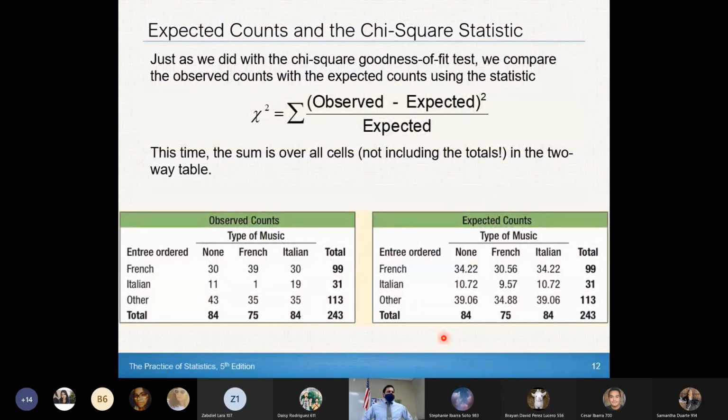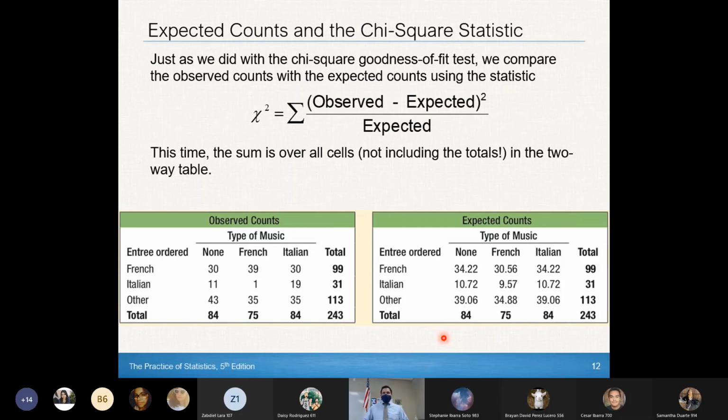Just as we did with the chi-squared goodness of fit test, we compare the observed counts with the expected counts using the statistic chi-squared equals the sum of the observed minus expected squared divided by expected. This time the sum is over all cells, not including the totals, in the two-way table. We have our two tables below, the observed counts and the expected counts.